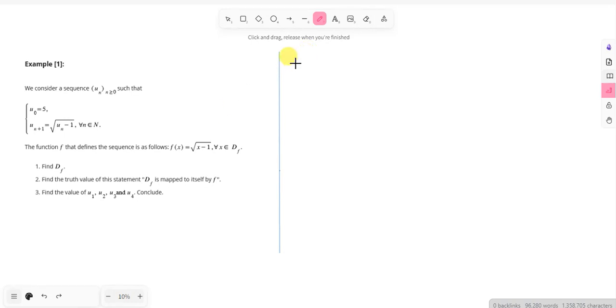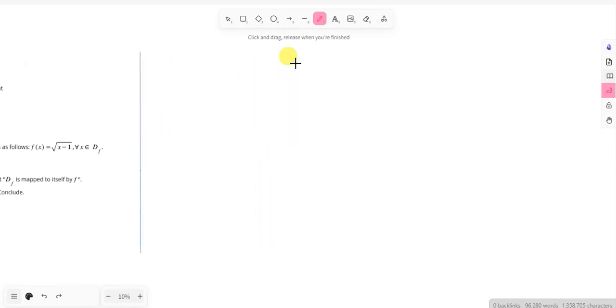Let's start with the first part, which is the domain of the function. Then we want to check whether Df is mapped to itself by f, and third, find the values of u1, u2, u3, and u4. So we start with the function f and its domain.